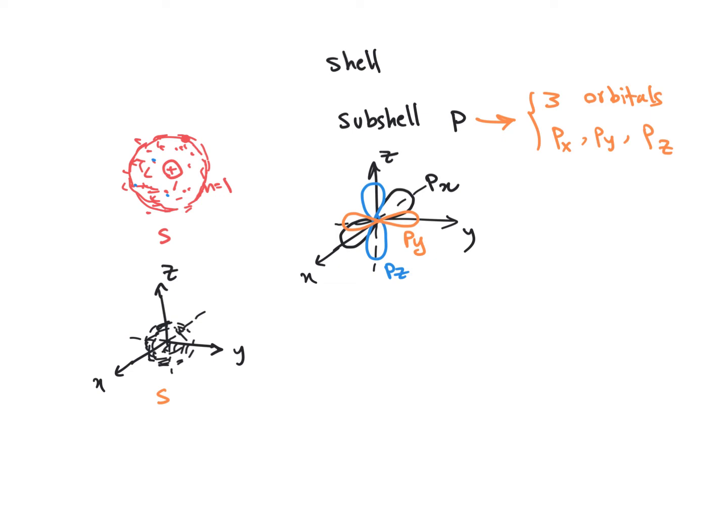I only want you to know that we have 5 different d orbitals, but I don't ask you the geometries or anything like that, okay? As long as you know s orbitals are spherical, p orbitals are dumbbell-like, okay? You don't need to know the shape of the d orbitals.